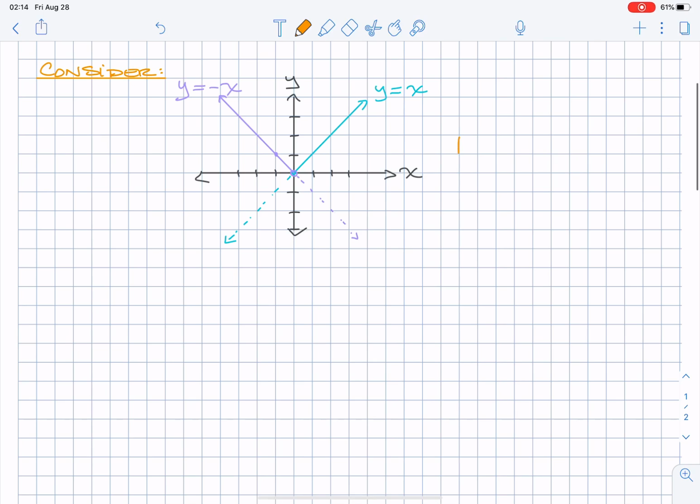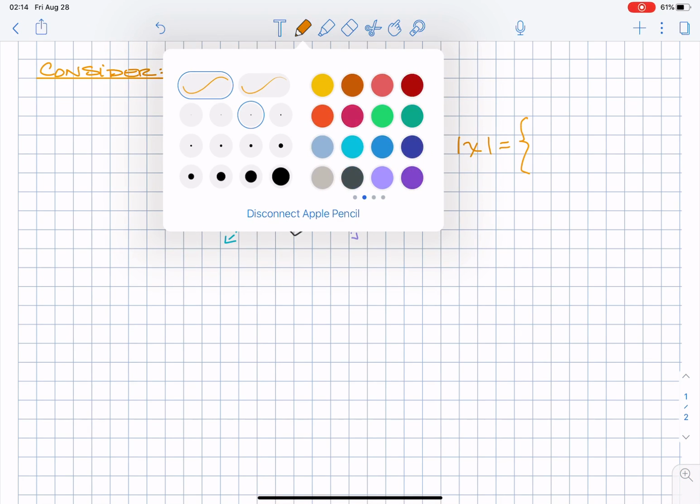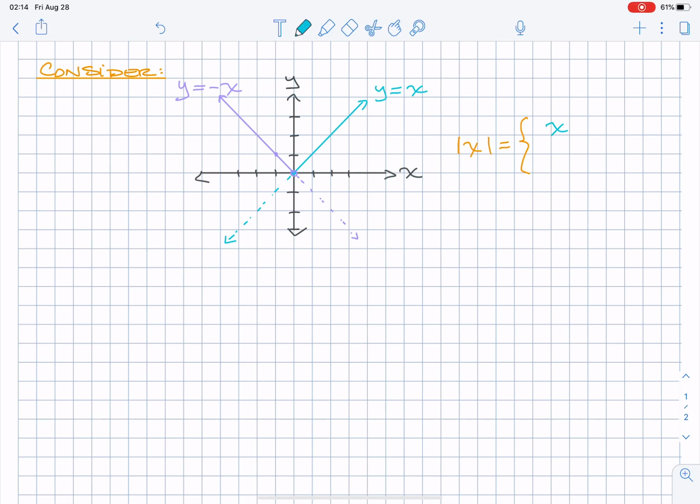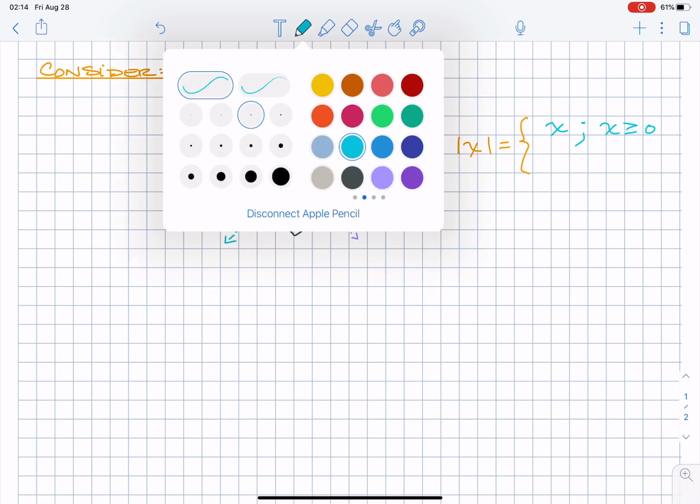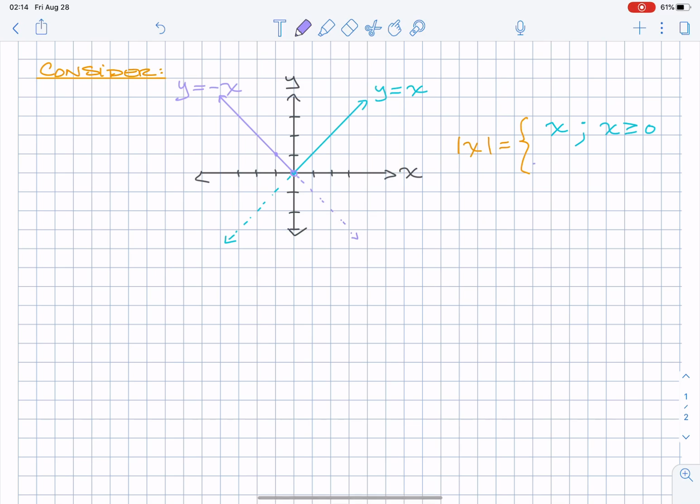The absolute value function is really two functions. It's the function y equals x, provided that my values along the x-axis are greater than or equal to 0. Or it's the function y is equal to -x when I'm looking at values on the x-axis strictly to the left of 0.